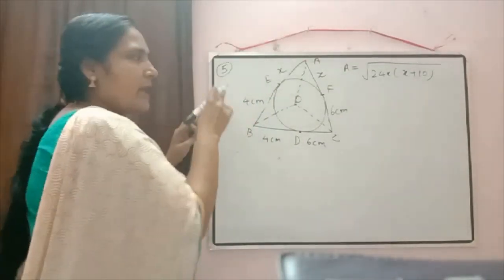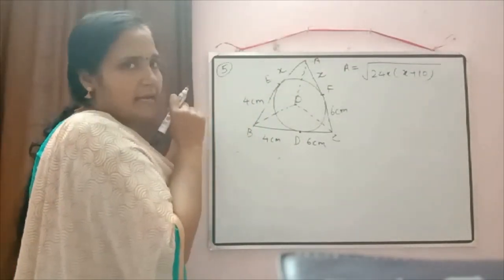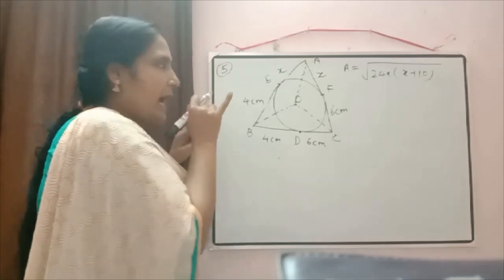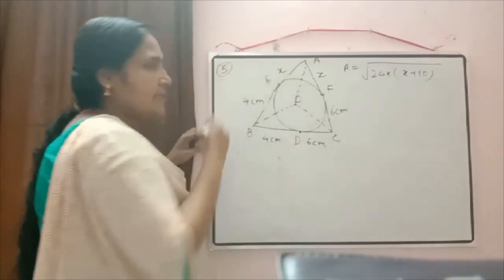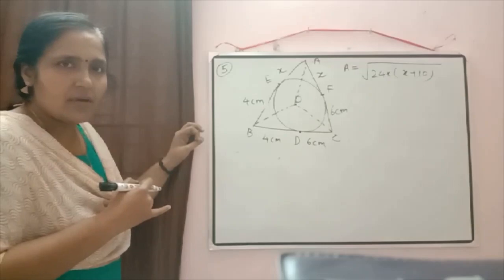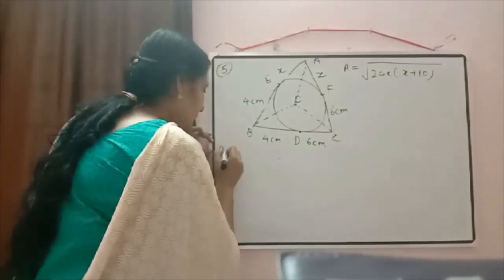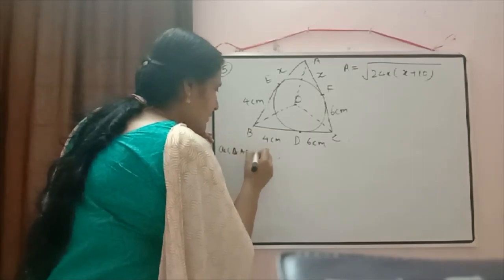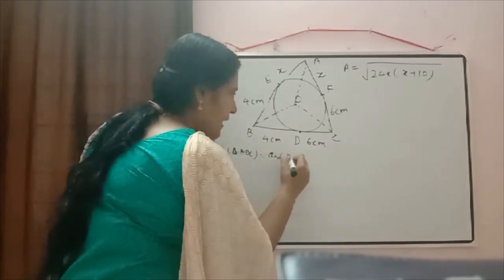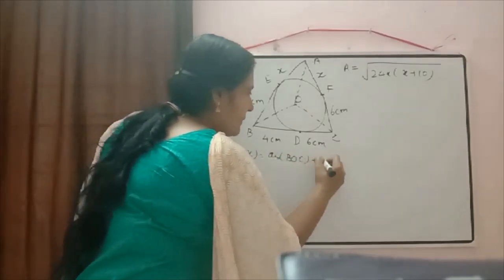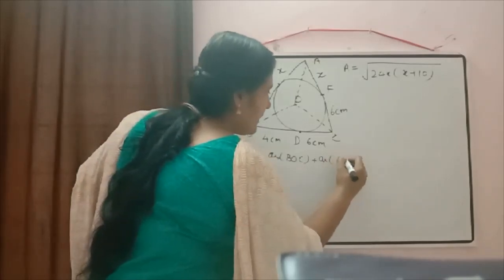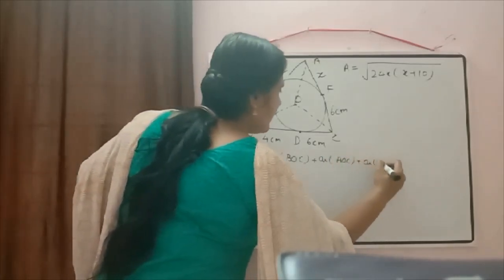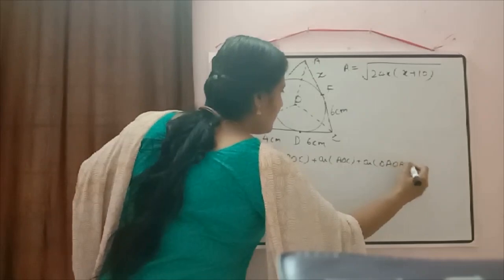So now we can calculate the area of same triangle ABC by adding the area of these three triangles. Is it okay? So just I am writing there area of triangle ABC is equal to area of triangle BOC plus area of triangle AOC plus area of triangle AOB.